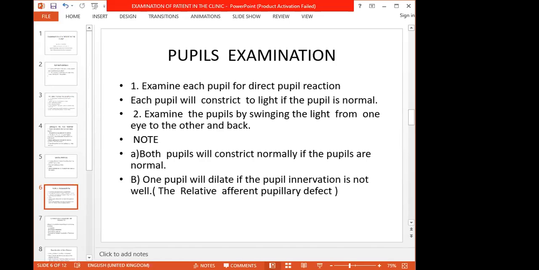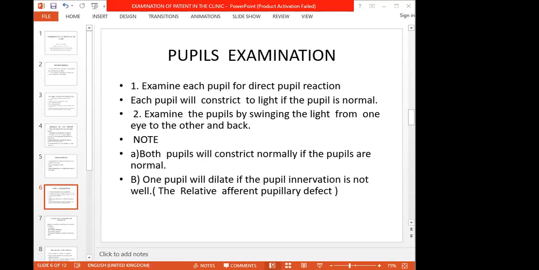But if it's one eye, there will be a reaction in the normal eye. When you go to the other eye, which is dysfunctional, no reaction. The pupil doesn't constrict. Normally you will find it widely dilated, but it can't constrict.